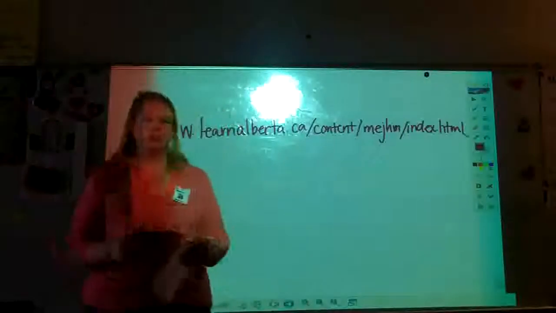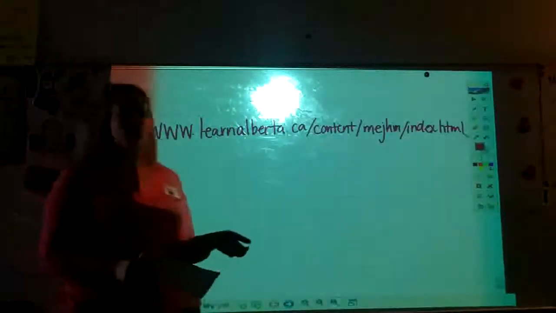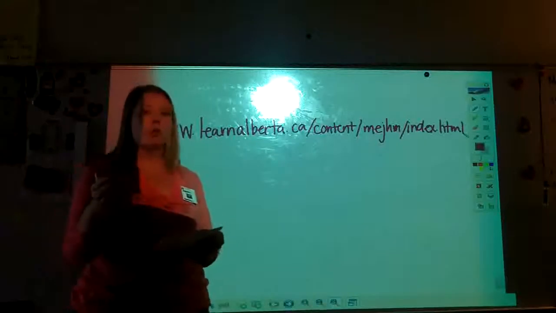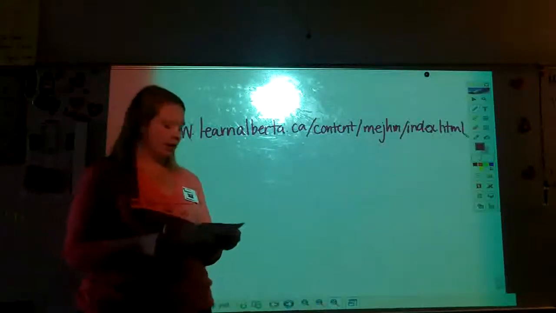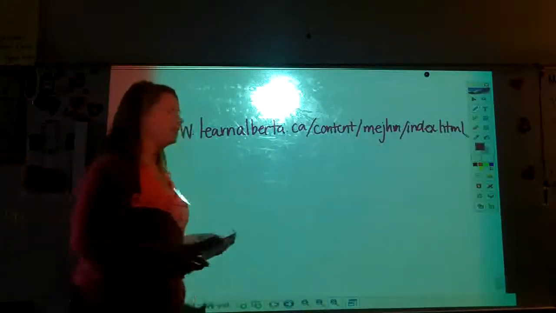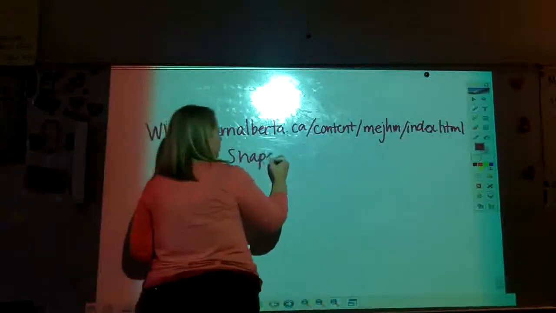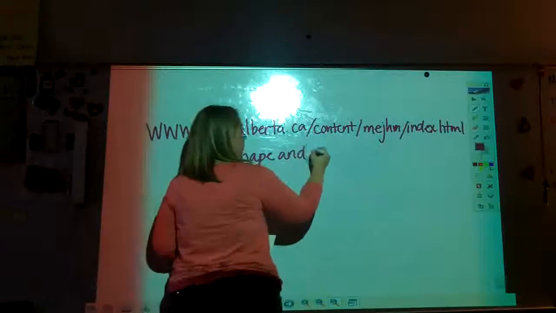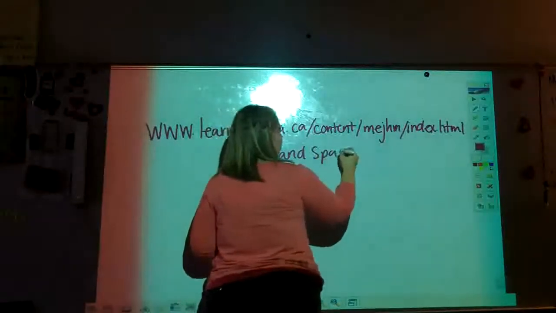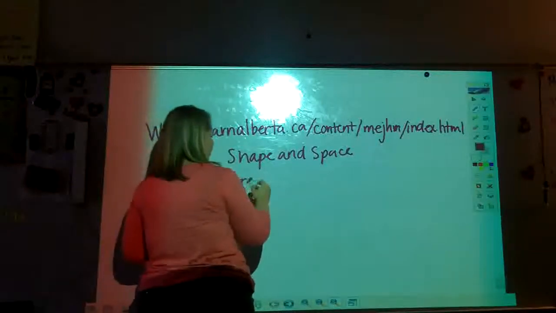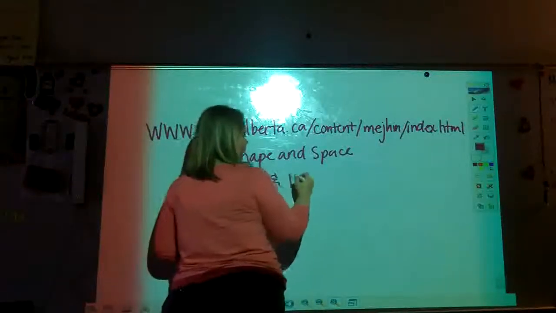And once you're at this website, you'll see lots of different things that you can do to interact with math. The one thing that I want you to do for this assignment is to click Shape and Space. And then once you've done that, you're going to click on the area that says Area and Perimeter.